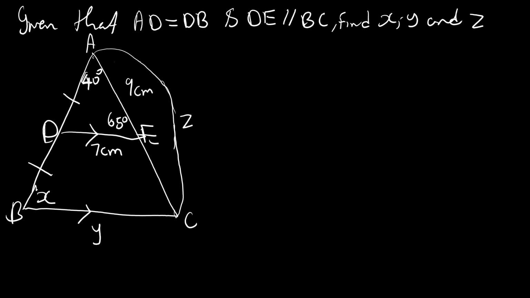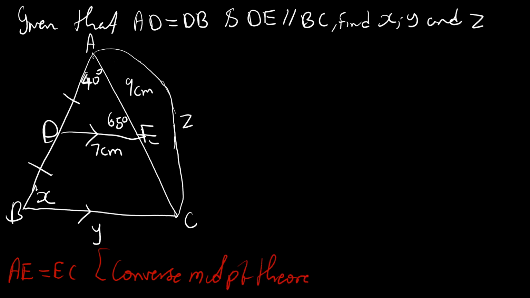So it means we'll come and say AE is equal to EC. This is the converse midpoint theorem. That's why it's very important to know those theorems, the converse and the other one of the midpoint theorem.